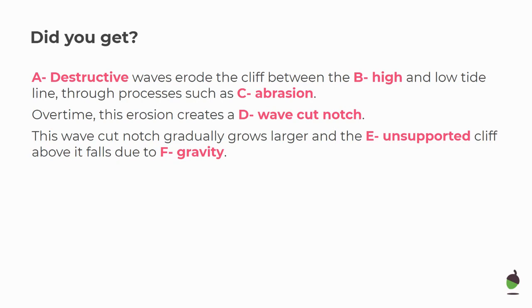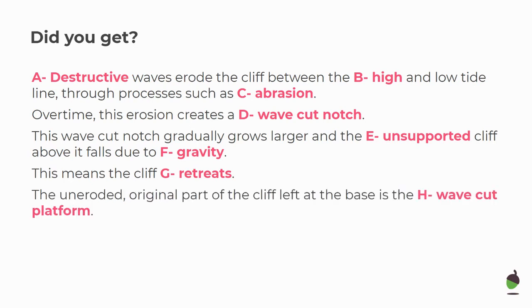We could talk about that being mass movement if we want to be super impressive. This means the cliff retreats. The uneroded original part of the cliff left at the base is the wave-cut platform. Over time, this process repeats.